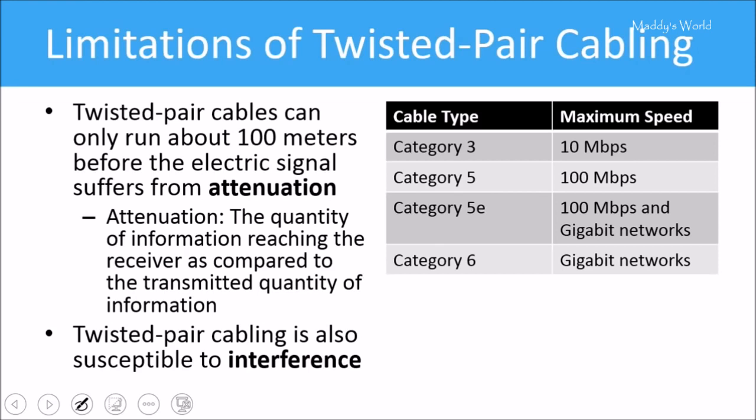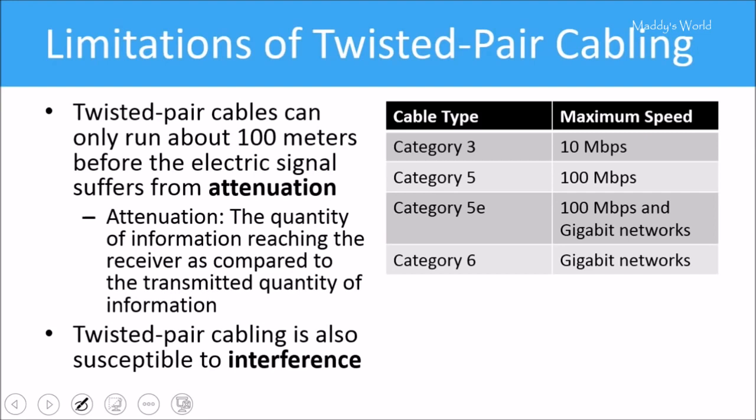And attenuation is simply the difference between the amount of information that's being transmitted and the amount of information that actually reaches its destination. Basically you're saying signal loss, right? So we're losing data due to attenuation.